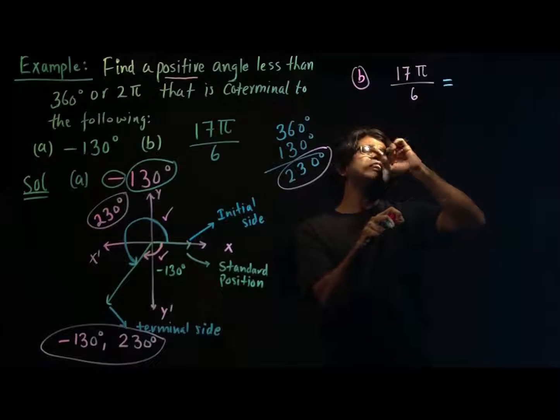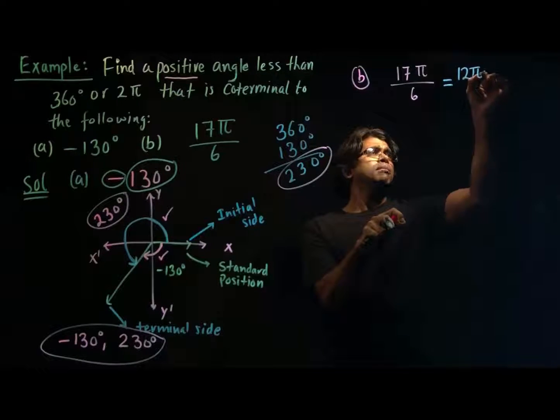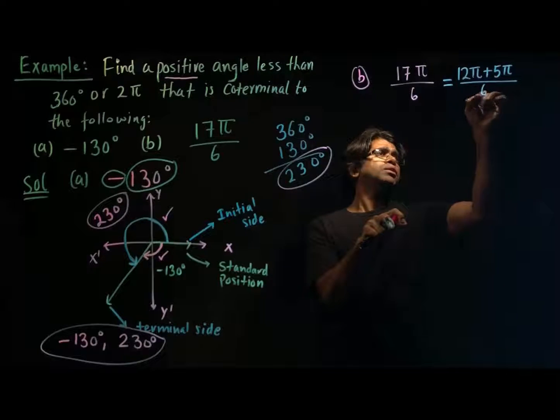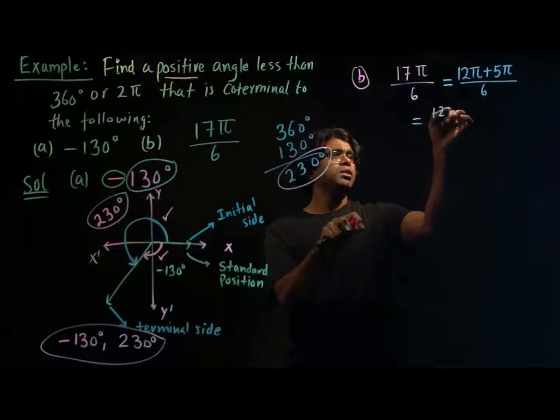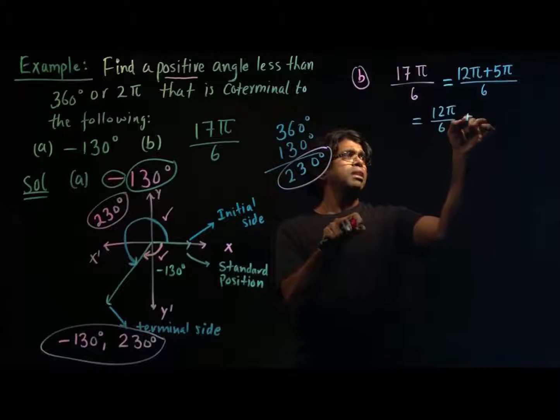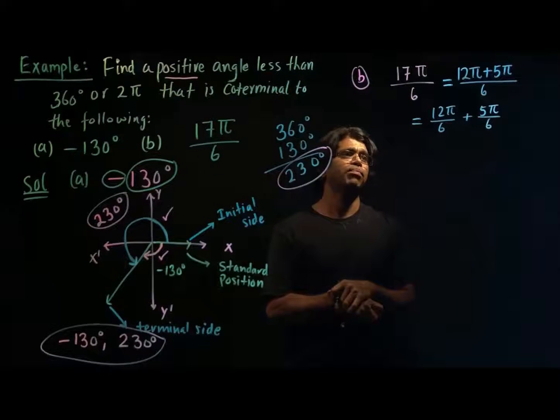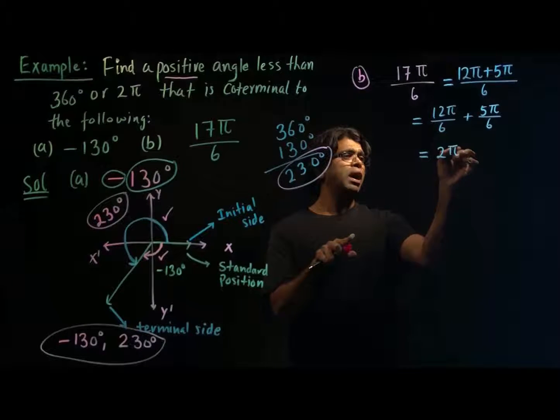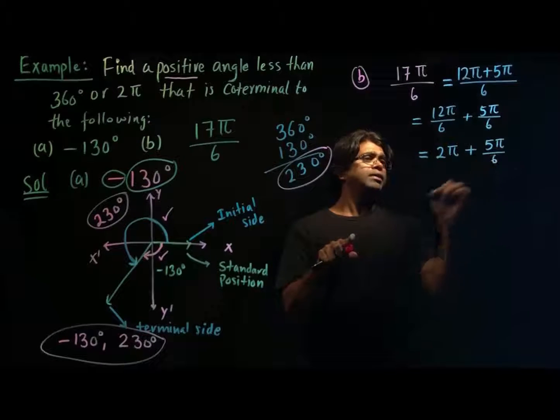So I can think of separating this as 12 pi over 6 plus 5 pi over 6, right? So 12 pi over 6 is what? 12 over 6 is 2 pi, plus 5 pi over 6.